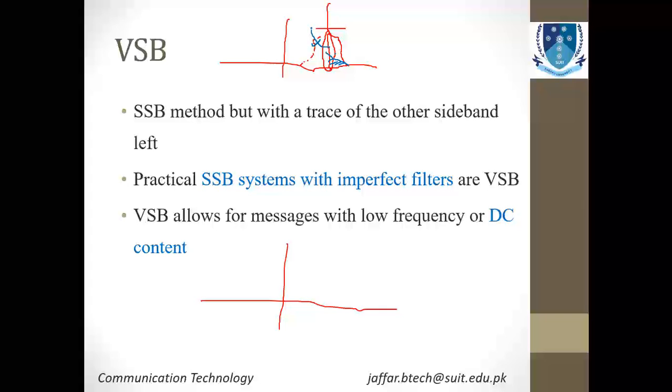You design your filter in such a way that you cut at this point, so that this curve will go like this. This information will be lost, but you can gain this information because you have allowed it over here. So this type of sideband with the filtration process is known as vestigial sideband.